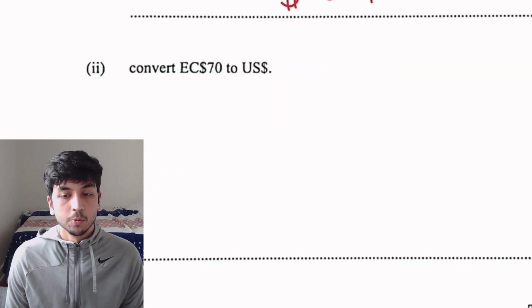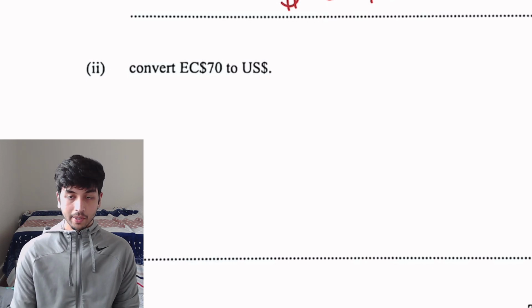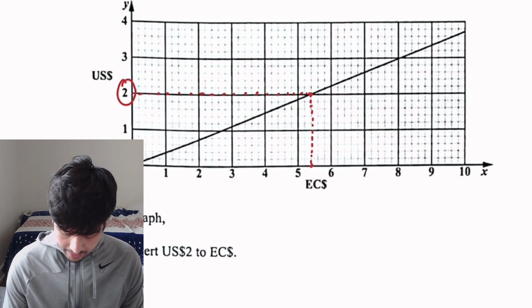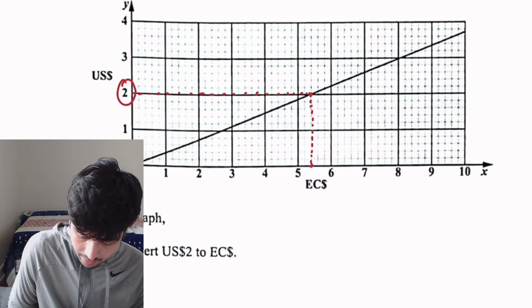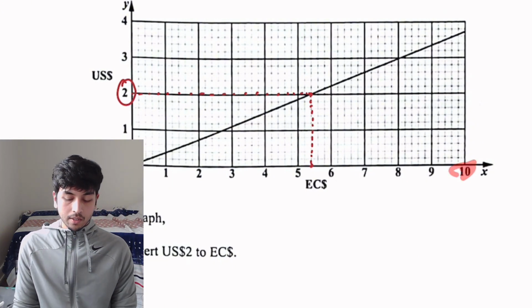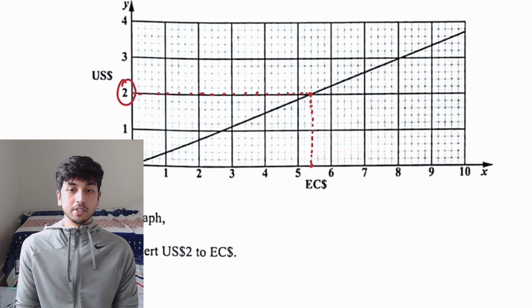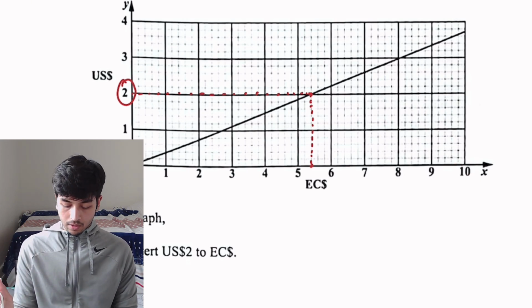And then for part 2, they want us to convert EC70 to US. As we can see on the graph, the graph only shows us up to 10. They don't show all the way up to 70. So one easy way to do it is find a nice relationship between the two currencies and then use that.